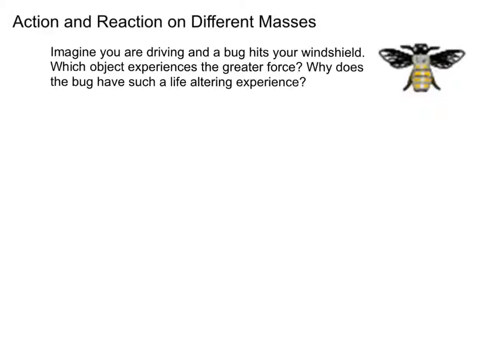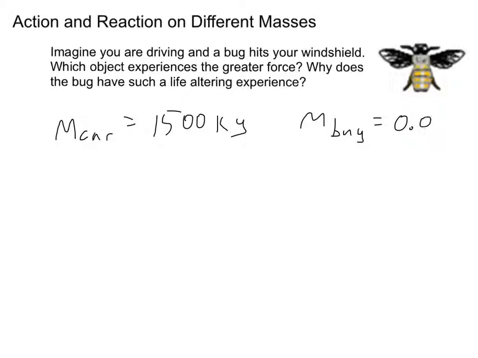So why is it that the bug has such a life-altering experience? To answer this, we have to consider the masses of the two objects. So let's imagine that the car has a mass of, say, 1,500 kilograms, while the bug has a mass of just, say, 0.01 kilograms.